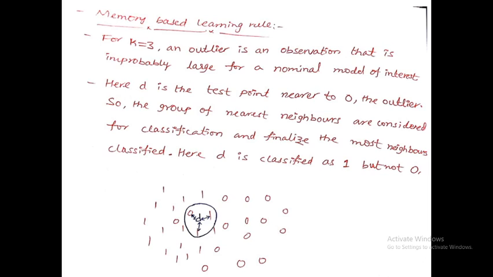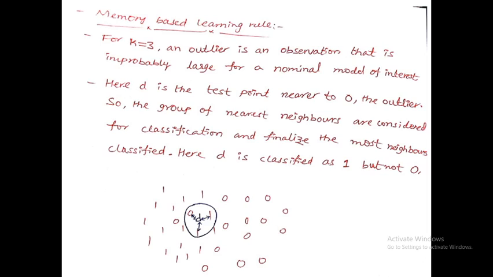Here again I am repeating that the distance between the X test vector and the 0 value is minimum. Even though it is minimum, in that k equal to 3 group circle, what are the most values? The value of the other vectors is 1. 2 ones are there, 1 zero is there.